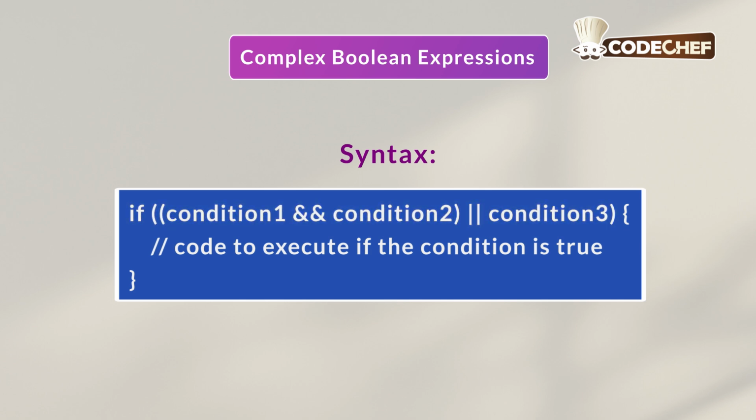So here we will first calculate the result of condition 1 and condition 2, and then we will perform the OR operation on the result of this operation and condition 3. Now if the final output is true, then the code written inside the if block curly braces will be executed, and if it is false, then the compiler will skip the code written inside the curly braces for this if block and move to the next piece of code.